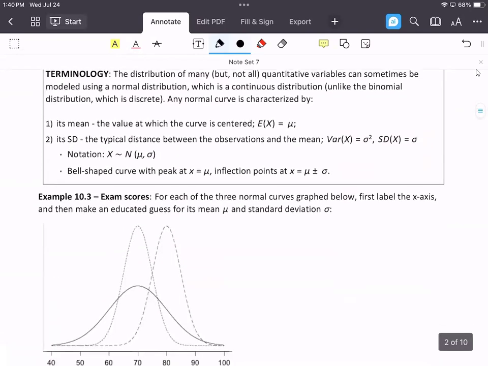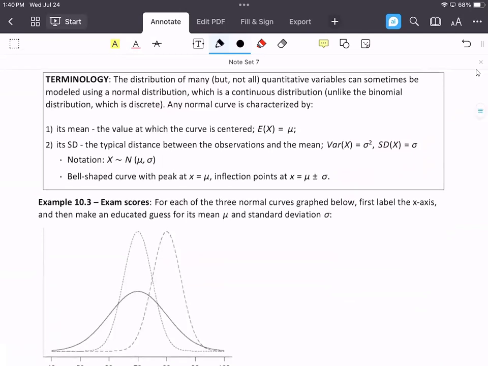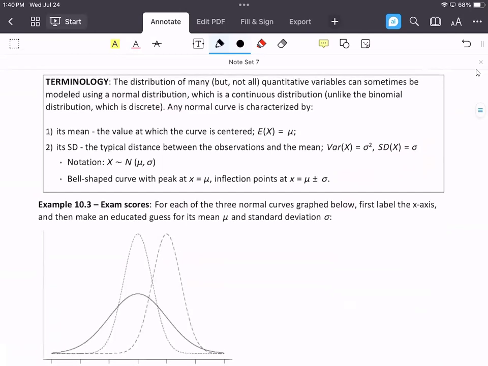Looking at terminology, the distribution of many, but not all, quantitative variables can be modeled using the normal distribution. We'll talk about requirements for using the normal later on. The normal distribution is continuous. Remember, binomial is discrete; this is a continuous distribution. It has certain characteristics.